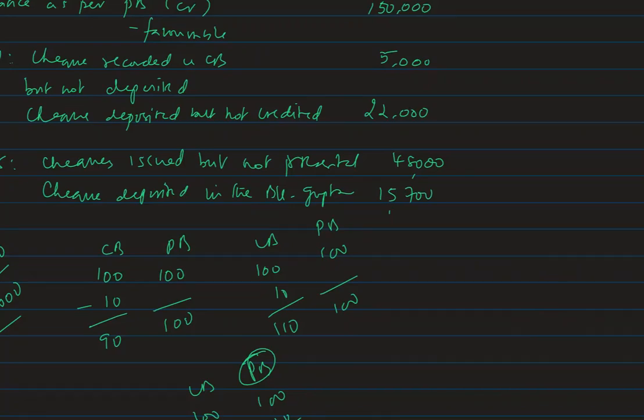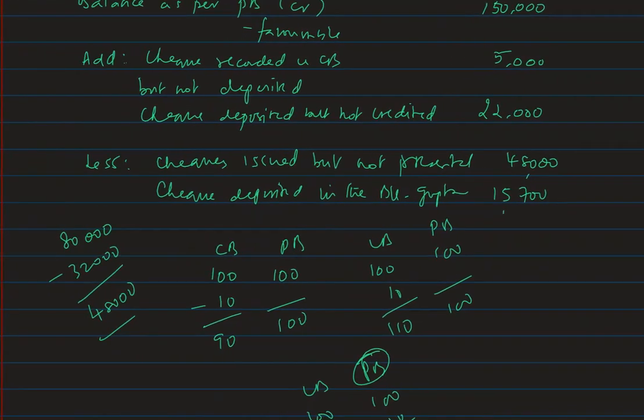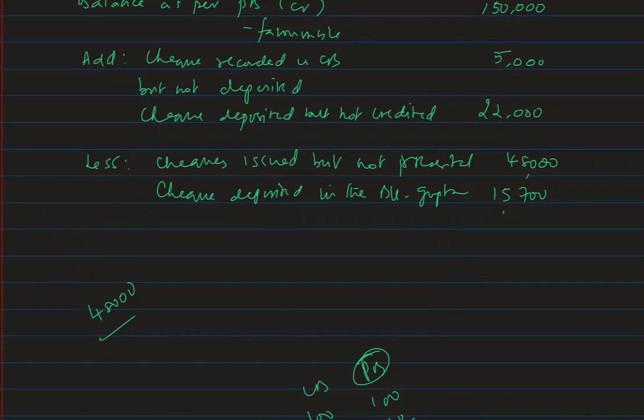Okay, and bank has credited an interest of, so let us identify what is the reconciliation aspect of the last one. So bank has credited an interest of 1,500.